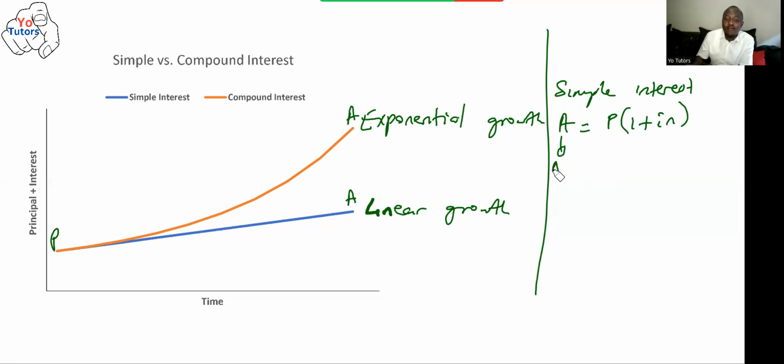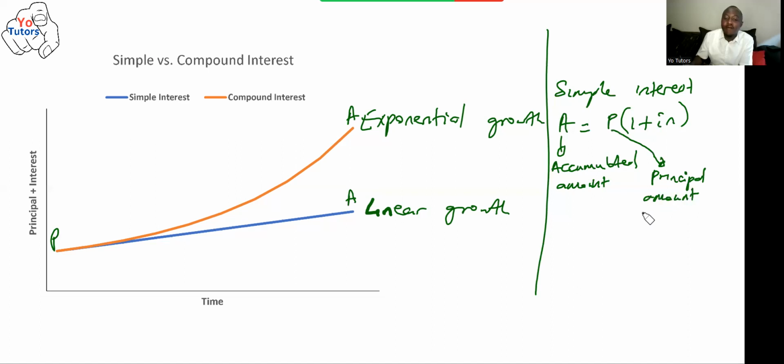A is the accumulated amount. Remember, you're borrowing money. When you borrow money, it's going to increase, and that final value is called the accumulated amount. But the amount that you borrow, we call the principal amount.